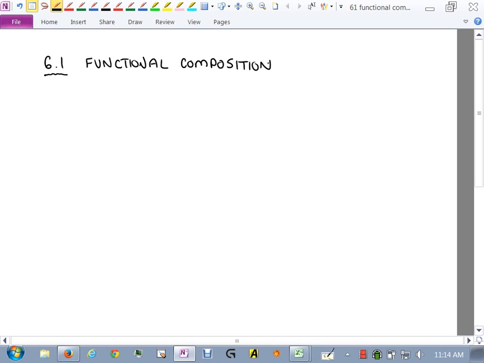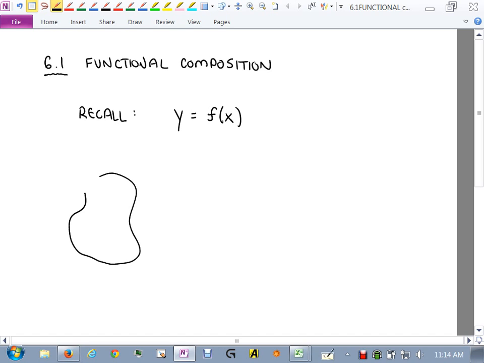When we first started, addressing what a function is, we need to kind of revisit that a little bit before we can move ahead. So recall that when we talked about a function, something like y equals f of x, we first started with this idea of a domain, which was like some blob of, let's say, numbers.